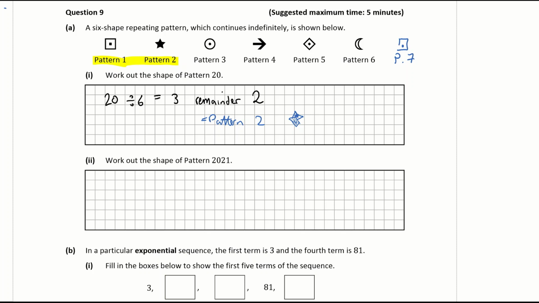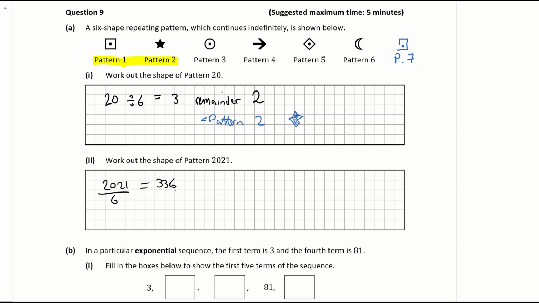Same steps can help us to find pattern 2021. I take the total 2021, I divide it by 6. 2021 divided by 6 on my calculator, I get 336.8. Now I need to figure out what that 0.8 means for my remainder. So what I'm going to do is I'm basically first of all going to take the 336, multiply it by 6, and it'll get me to 2016.